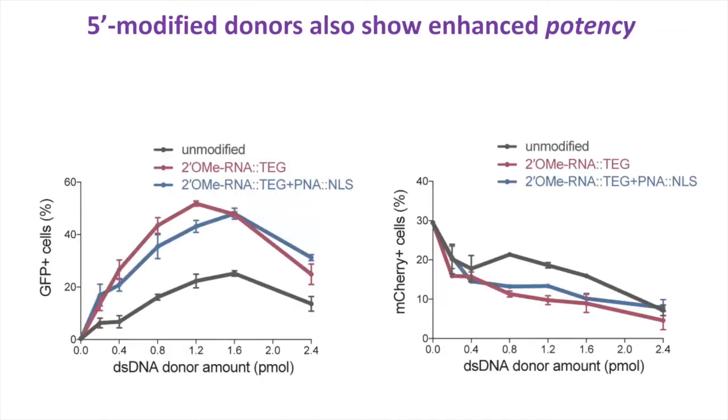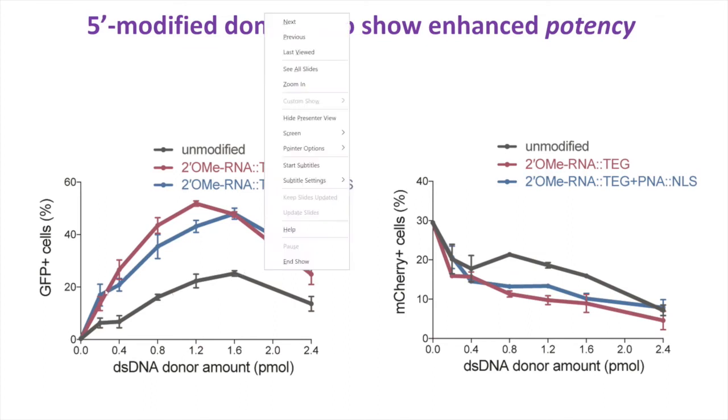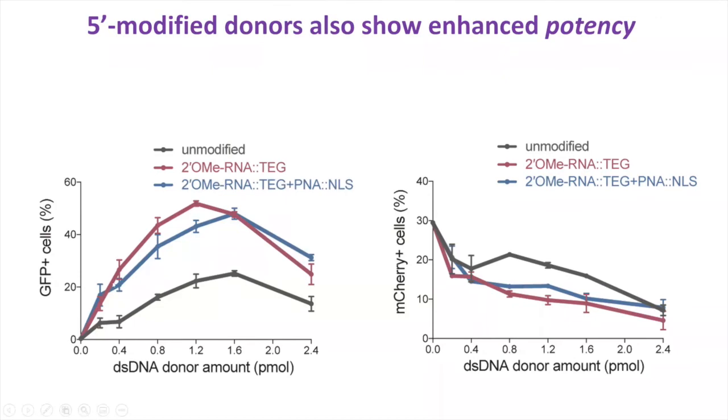These donors also show enhanced potency. So at a lower concentration of donor, you can see for a given amount of editing, for 20% GFP, let's say, the peak for the unmodified donor, this black curve, we can see that at about 4 or 5-fold lower concentrations of DNA.